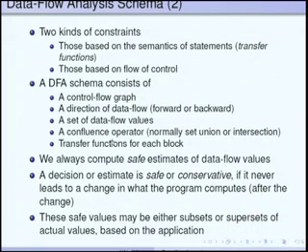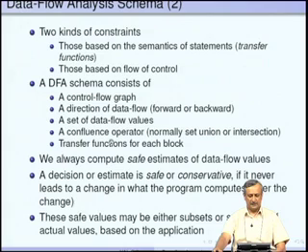And the other important point is we always compute safe estimates of data flow values. So, what are these safe estimates? That really depends on the application. It is a conservative estimate. For example, in the reaching definitions case, we may include more definitions in the set of reaching definitions, which says okay, something may not reach, but we still want to include it because we are not very sure.